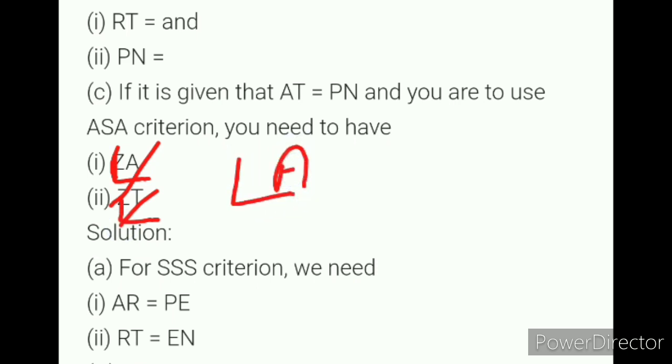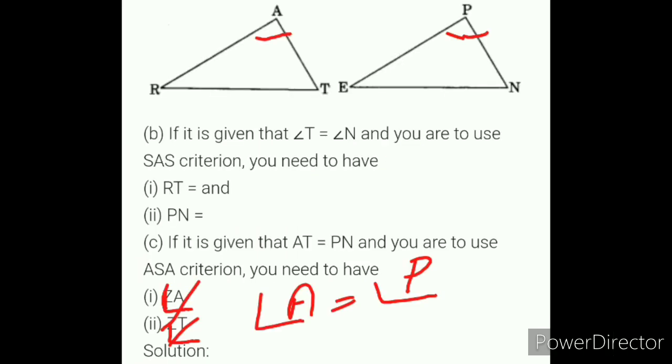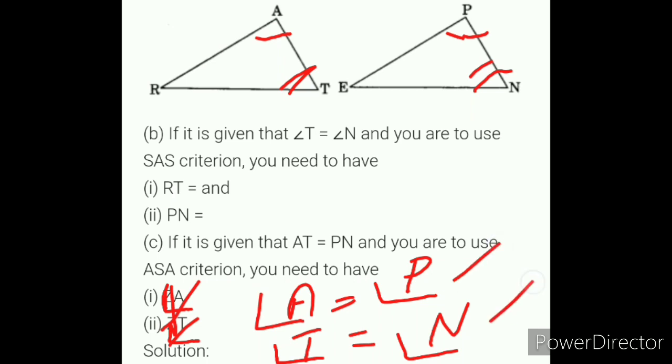Angle A is equal to what? Angle P. Okay, next, second part, angle T is equal to angle N. Not Z, it is the angle symbol. Okay, yes, two angles and one side are given, so ASA criterion. Very easy, no?